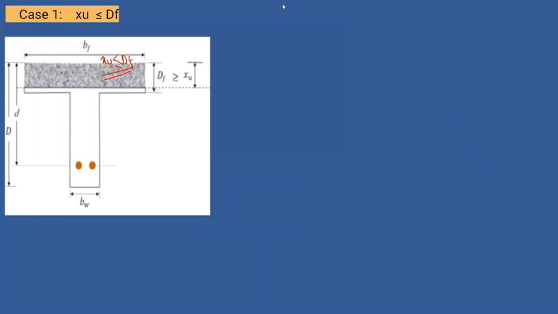अगर ये हुआ सिचुएशन मतलब फ्लैंज एरिया में ही है, फ्लैंज एरिया में रहने से what will be the type of diagram? It will be something of this kind. ठीक है, if you see here, Xu is here, this less than Df. In this situation, what will happen?